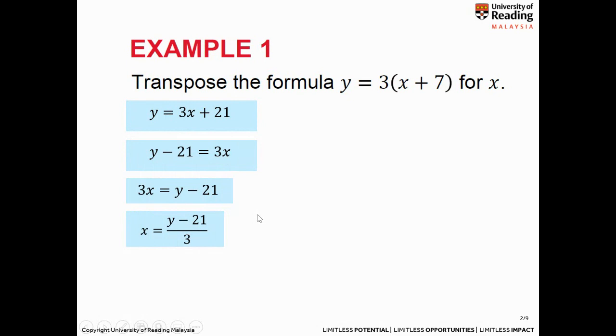So your answer for this is y minus 21 over 3. So this is the final answer. You may leave your answer as the second last step, or you simplify it. It's not that we don't have a specific answer. So it can be either in one fraction or one fraction with a simplified term.